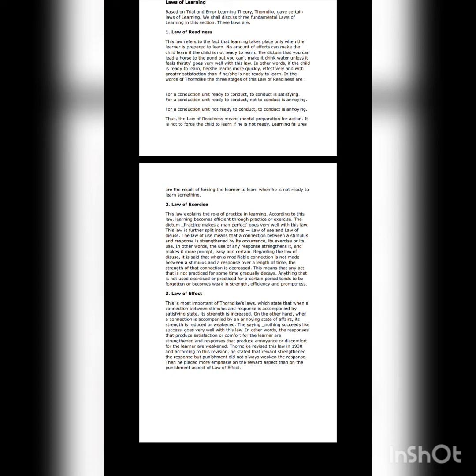This law is further split into two parts: the law of use and the law of disuse. The law of use means that a connection between a stimulus and response is strengthened by its occurrence, its exercise, or its use. In other words, the use of any response strengthens it and makes it more prompt, easy, and certain.